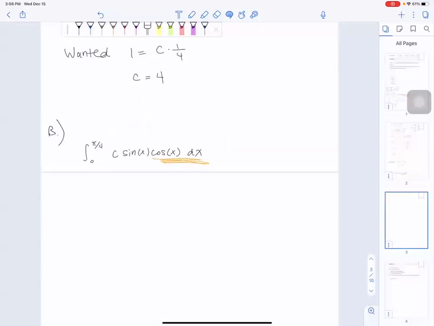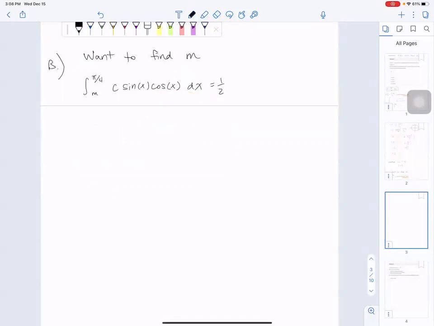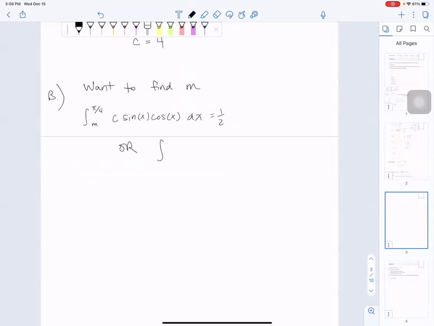So the median is you want to find m, some number such that, and now we can choose either way. We can either do the integral from the median to pi over 4, and this equals a half. Or if you wanted to do the other way, you could do from the lowest bound. So usually this is like negative infinity to m.